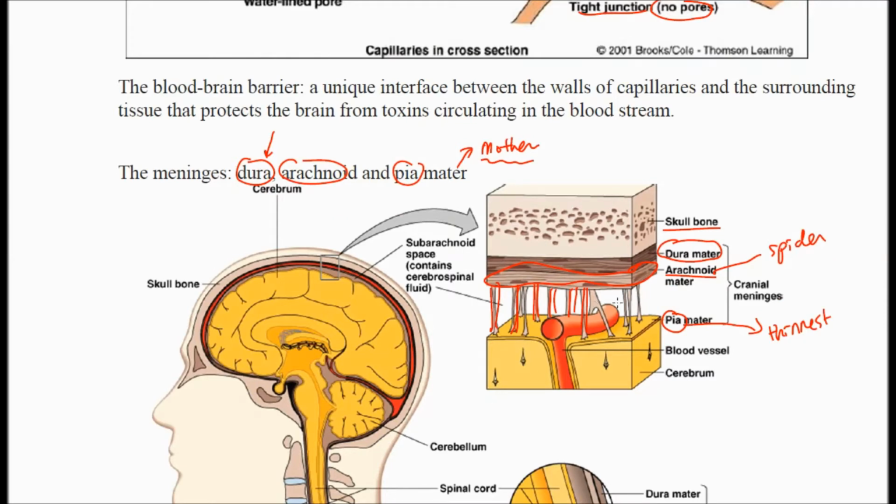The hollow space between the arachnoid and pia mater is particularly called the subarachnoid space, and that's where you can find the cerebrospinal fluid. So you can imagine the space is filled up with the fluid.